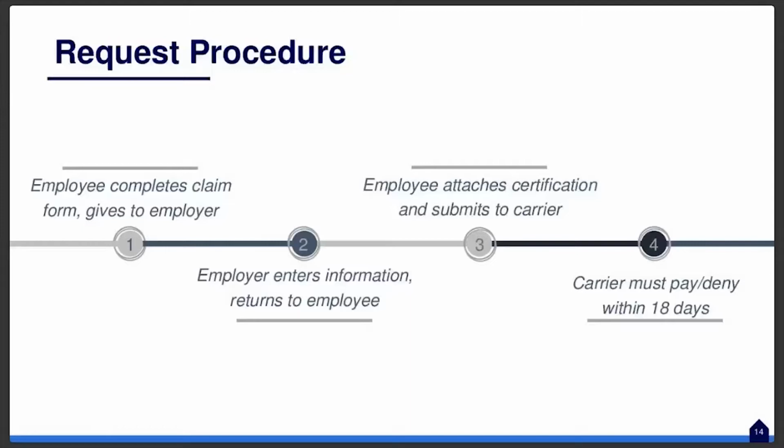It's then the employee's duty to add any necessary certification information and then submit it to the insurance carrier or administrator, perhaps. At which point in time, the carrier has to review it and either deny or pay the benefits within 18 days. Now, sounds pretty straightforward, but I don't know whether it will be in all cases. Hopefully it will be, at least in some cases.